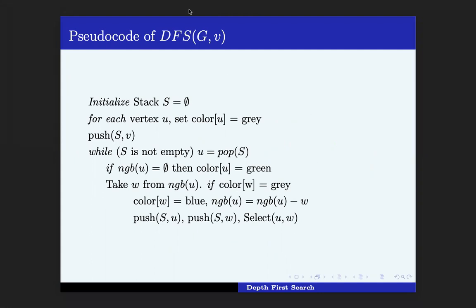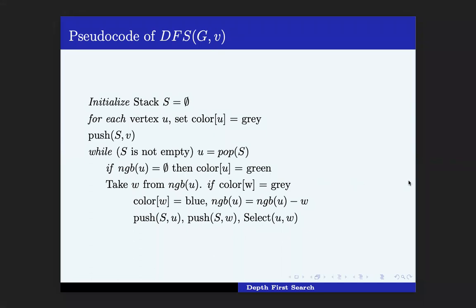Yes, sir. But as an upper bound, can you give us some upper bound? So we go of V plus E. But why?